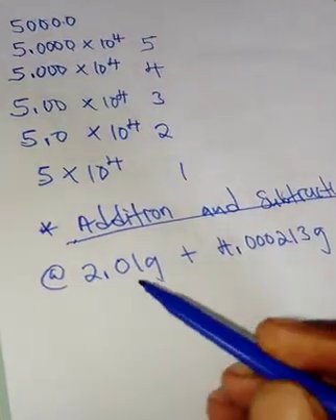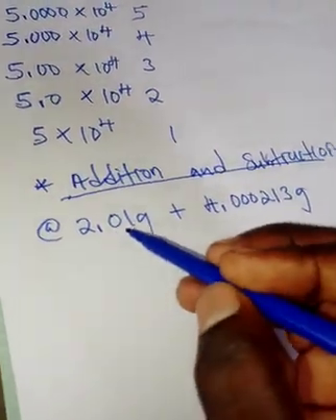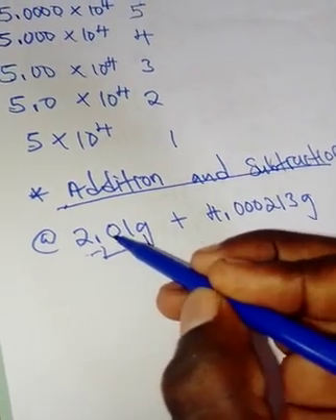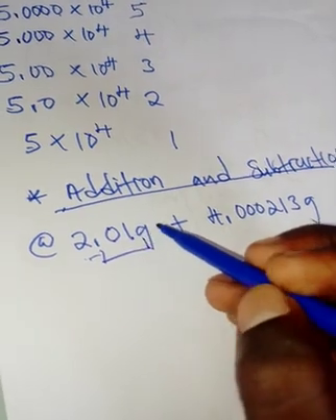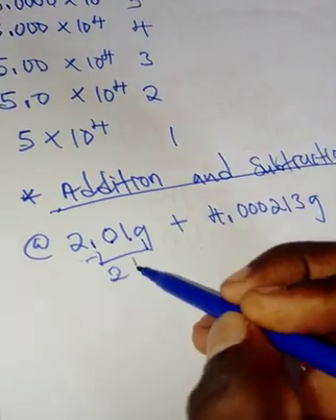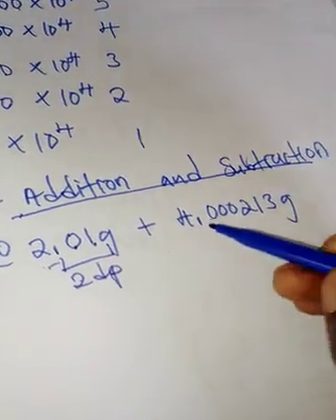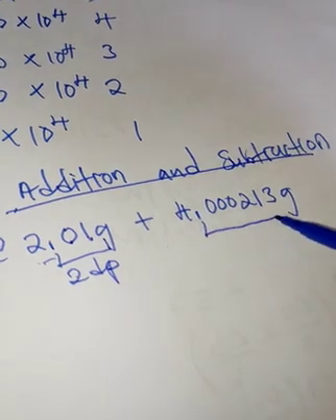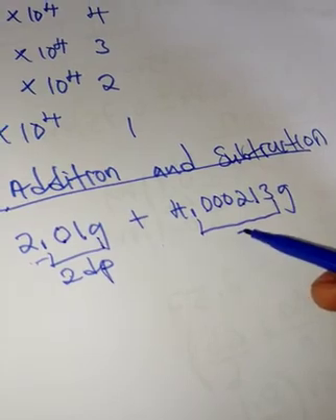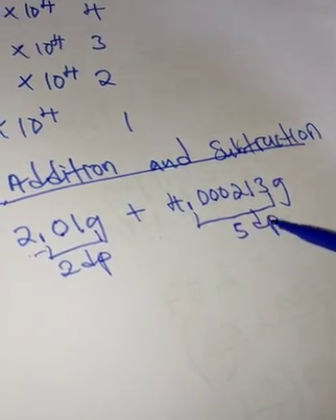So let's check these numbers we are adding. This number has been written to how many decimal places? 1, 2. So 2 decimal places. Then this one has been written to how many decimal places? 1, 2, 3, 4, 5. 5 decimal places.